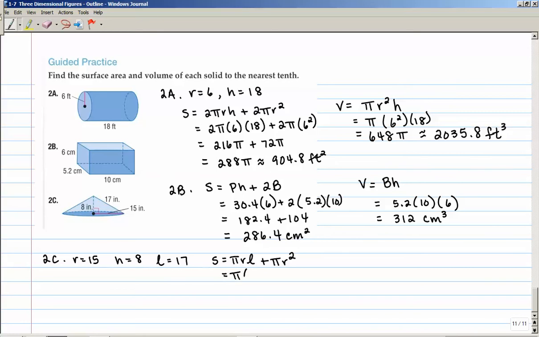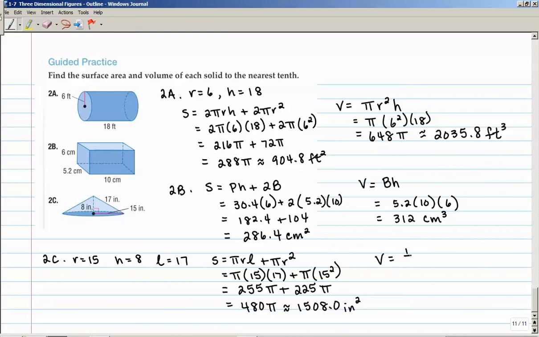So pi times the radius, which is 15, times the slant height, which is 17, plus pi times 15 squared gives me 255 pi plus 225 pi, or exactly 480 pi, which is approximately equal to 1508.0 inches squared.